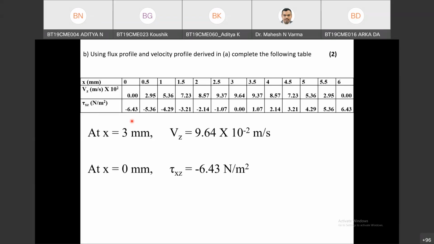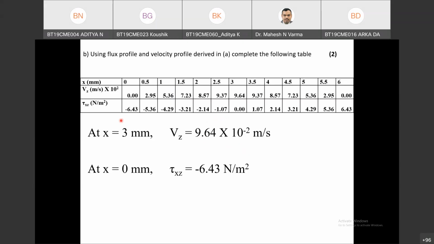Negative sign indicates direction of momentum flux in x direction. Yes, sir. What is this positive sign? Sir, positive direction of stress in positive x direction, and this negative is in negative x direction. Yes, this shows the momentum flux in the opposite of x direction.